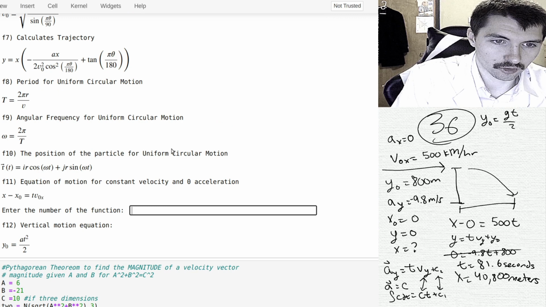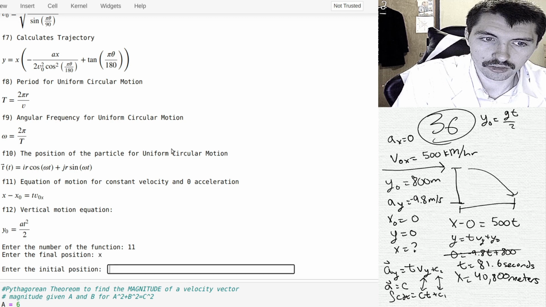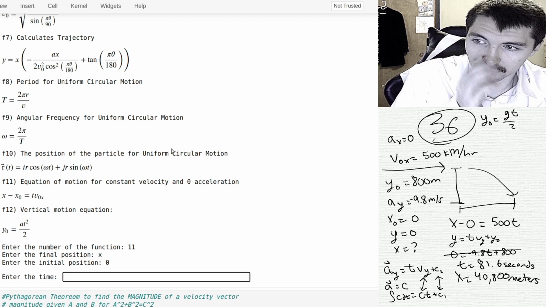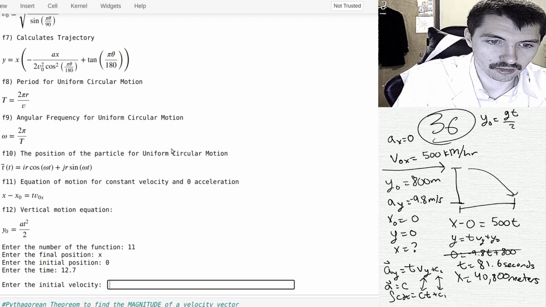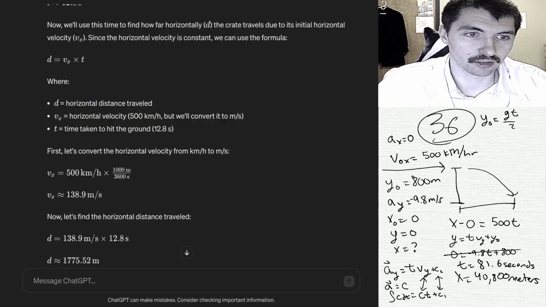Okay, so then we would choose equation 11. We would say the final position is what we're solving for. Initial position is 0. Time is 12.7.